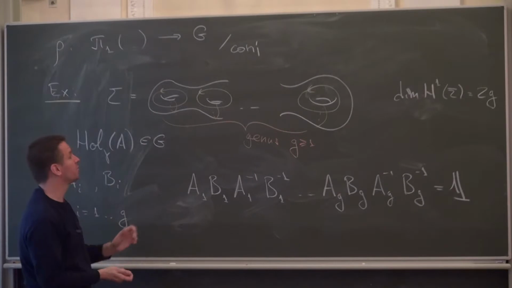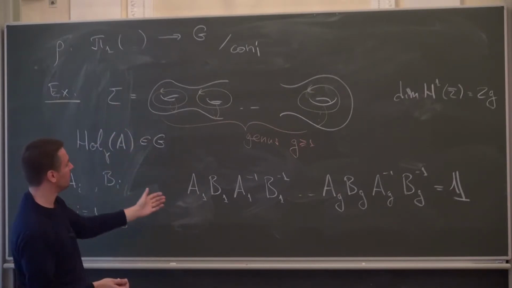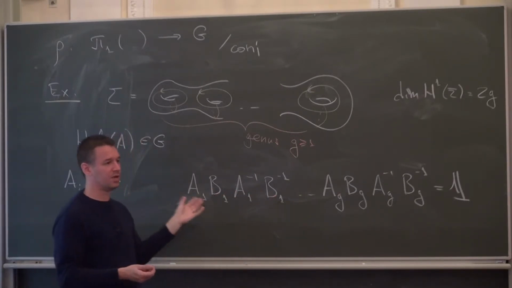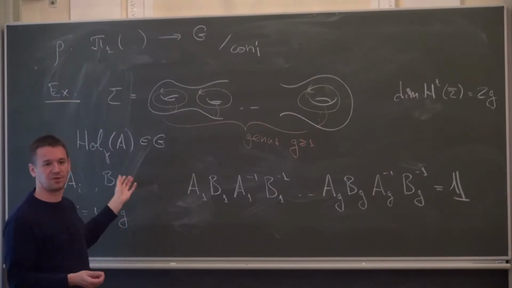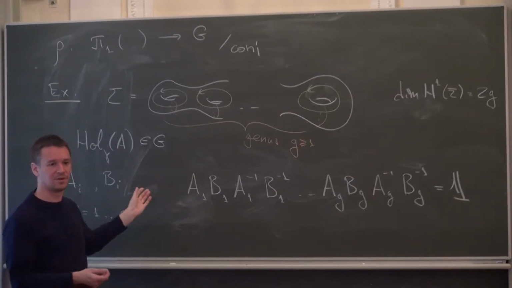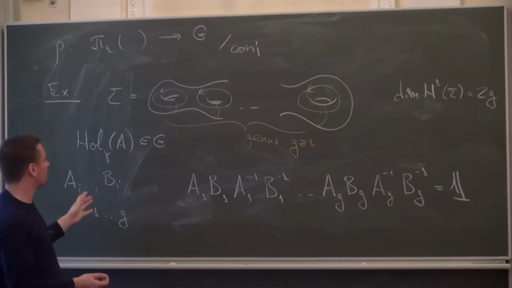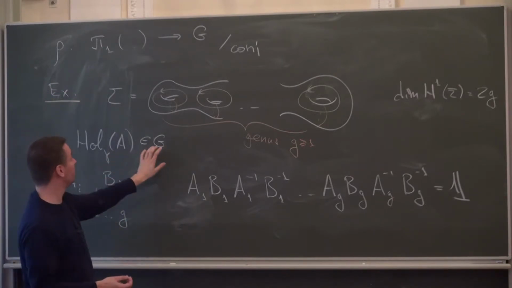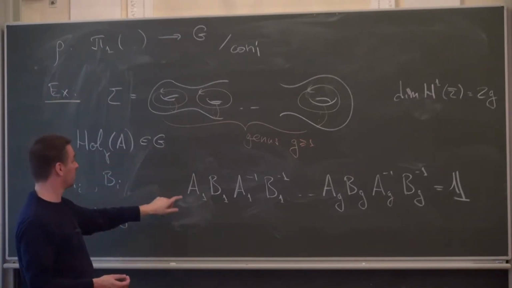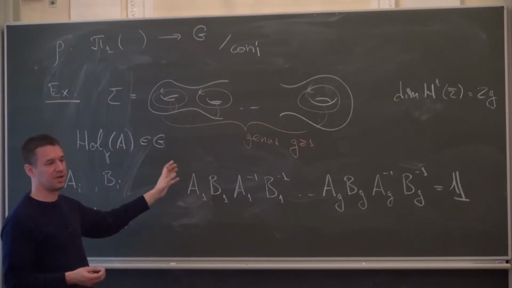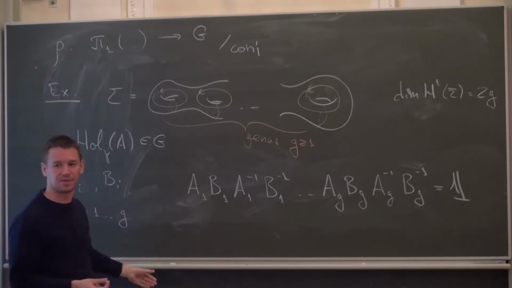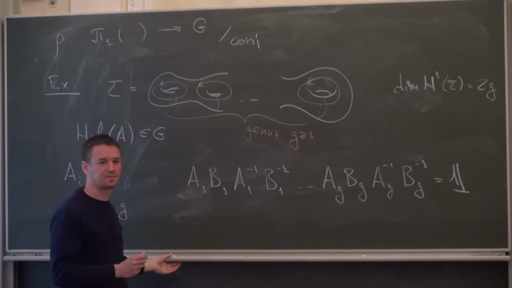Now, if we wish to study this homomorphism, we simply replace each generator by a G-valued element which represents the corresponding holonomy. That's it. So for instance, if our group is SU(2) or SL(N), we just replace the A's and B's by corresponding n by n matrices. Is this clear?